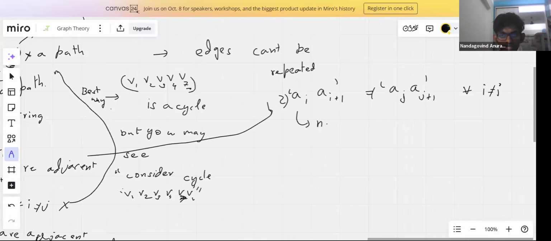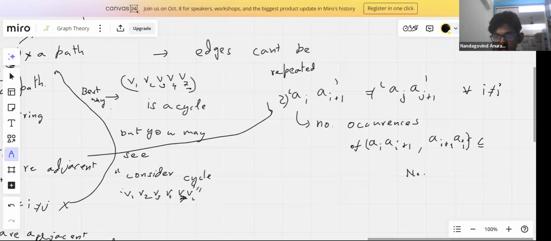Otherwise, it's the number of occurrences of (a_i, a_{i+1}), for i less than or equal to the number of edges between v_{a_i} and v_{a_{i+1}}.